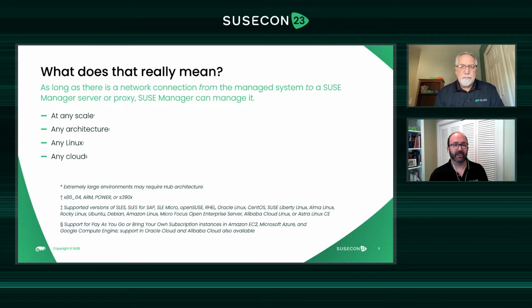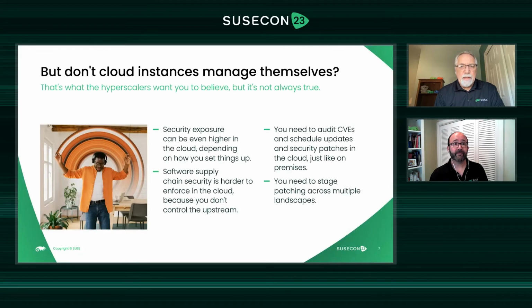So any cloud means any of the big clouds that you're commonly going to see. Our common experience that we're sharing in this presentation is really around the big three: Amazon AWS, Microsoft Azure, and Google Cloud Platform.